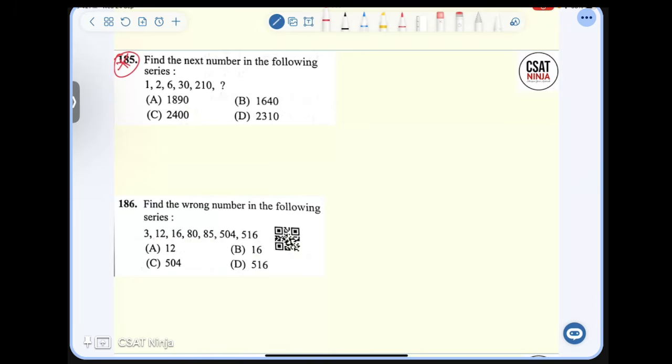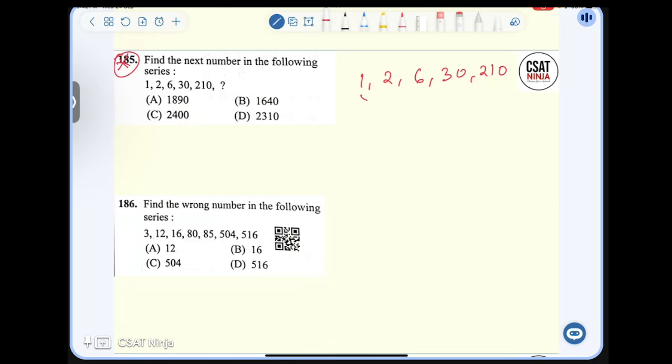We have 1, 2, 6, 30, and 210. I'll just give you an idea. Look at the first number and the last number. If the last number is much greater than the smaller number, remember that there's a multiplication going on.